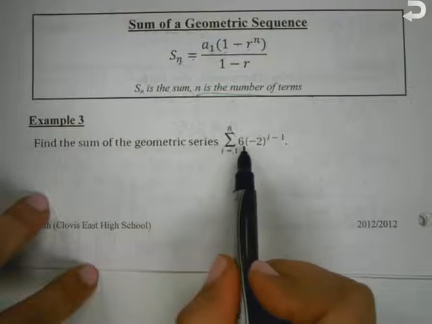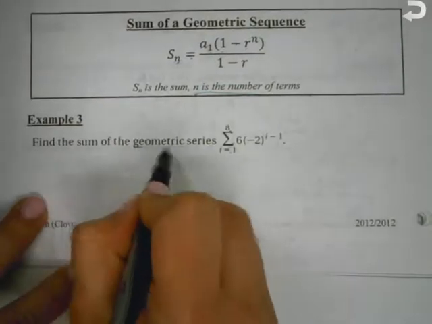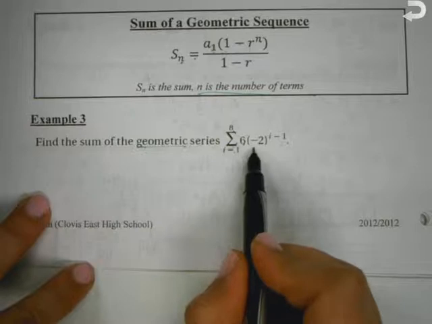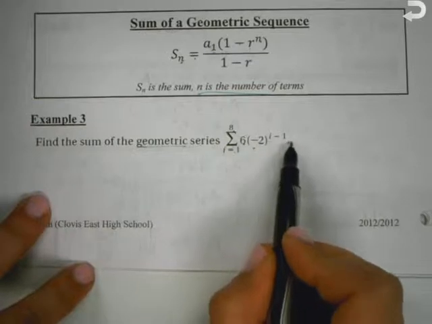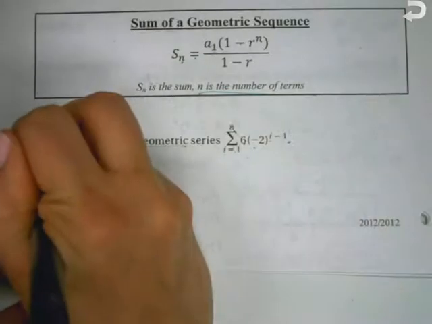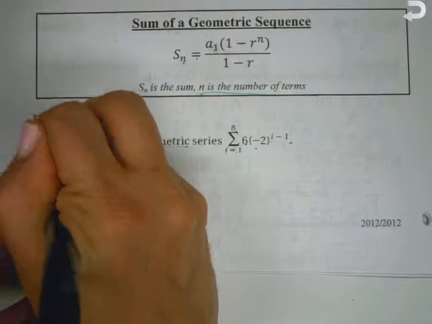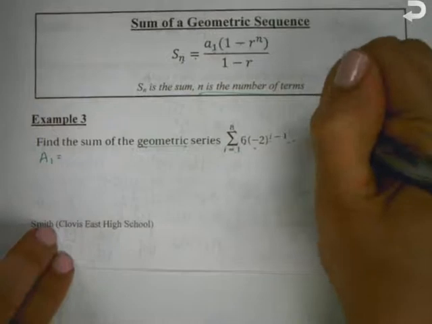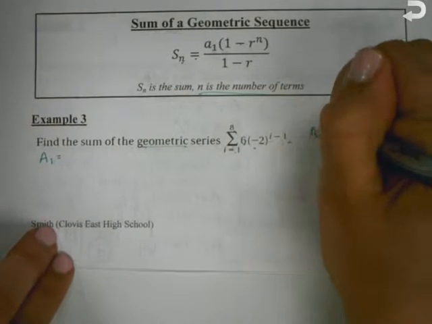Here's my formula for a geometric sequence. So what's a sub 1? 6. It's given to you. What is r? Negative 2.